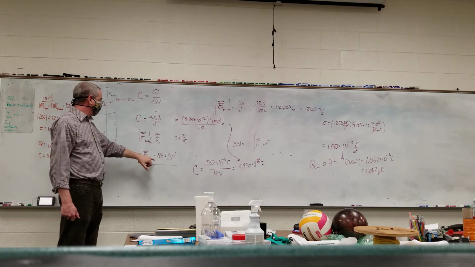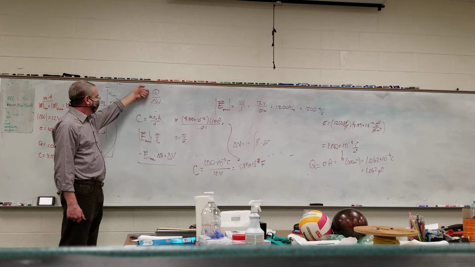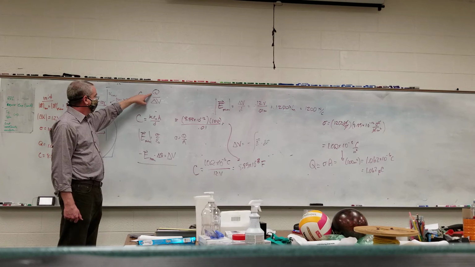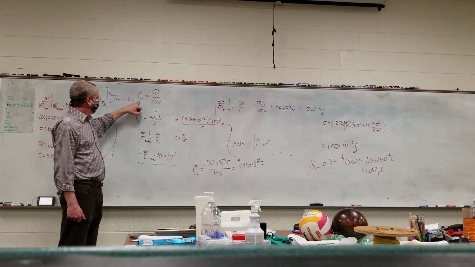If we double the distance, we cut our electric field in half, which means we're changing our charge. So charge gets cut in half. Wait, if we double the distance, that gets cut in half.